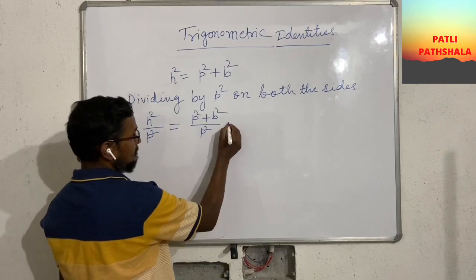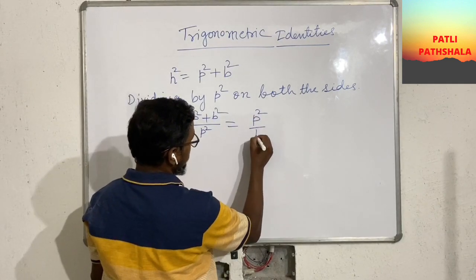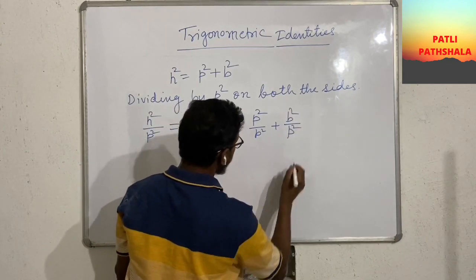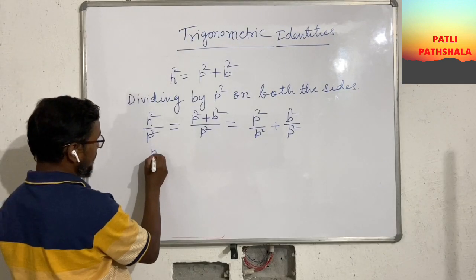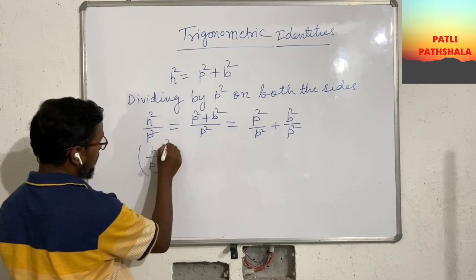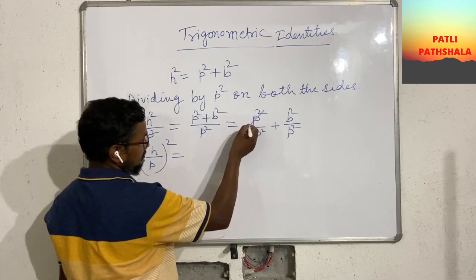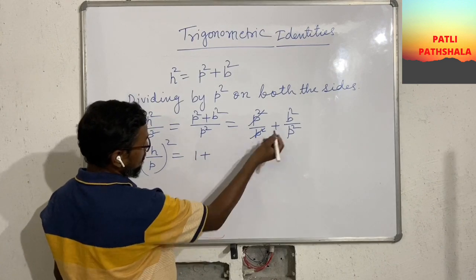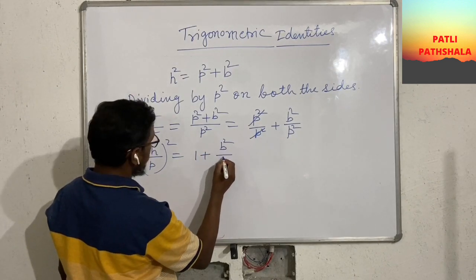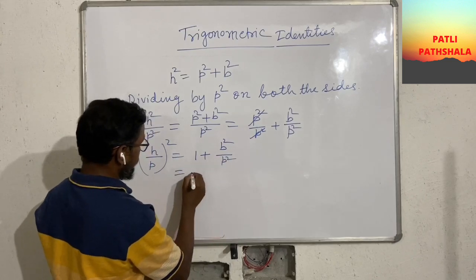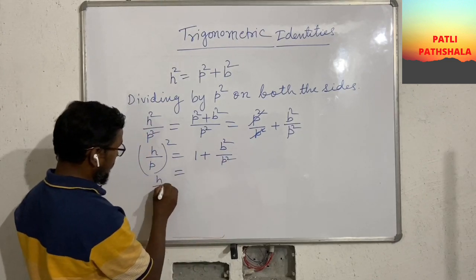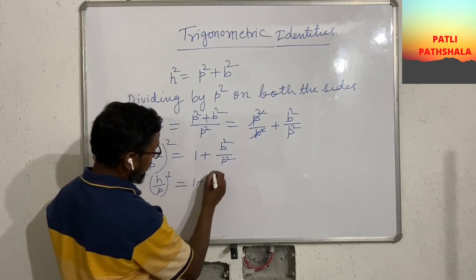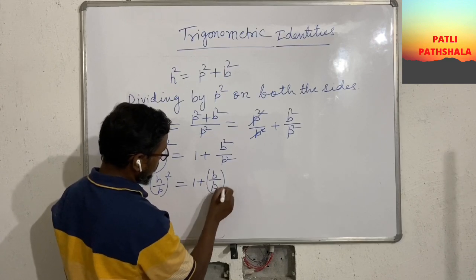This can be written as p square by p square plus b square by p square. Here this relation can be written as h by p whole square, and on right side p square and p square gone, its value will be 1 plus b square by p square, and this one can be written as h by p whole square is equal to 1 plus b by p whole square.